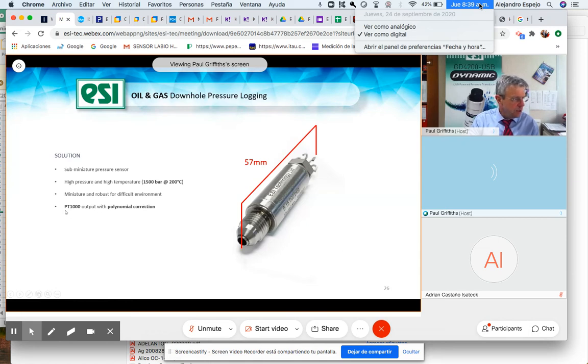It also has a temperature sensor, a PT1000, on board, and the output from the temperature sensor can be used to make what we call polynomial corrections. It's a long, complicated polynomial which you have to key into your logging system. But ultimately, the output is very, very stable, no matter what the temperature is.